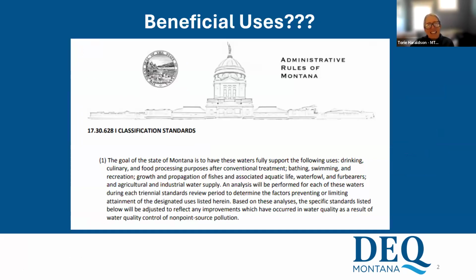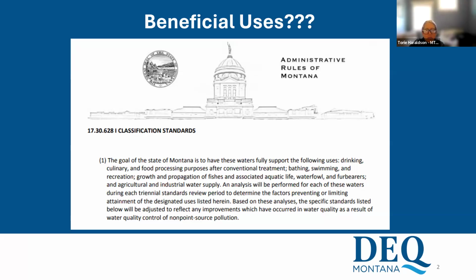Okay, good. So yes, I just said beneficial uses. DEQ uses this term with a different meaning than when it's applied to water rights situations. So every stream segment in Montana has a beneficial use class that is defined in statute, and it's based on how people, aquatic communities, wildlife use that water body.